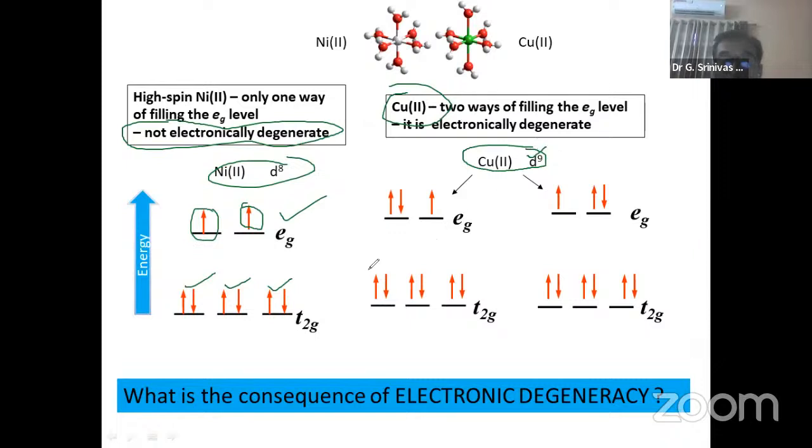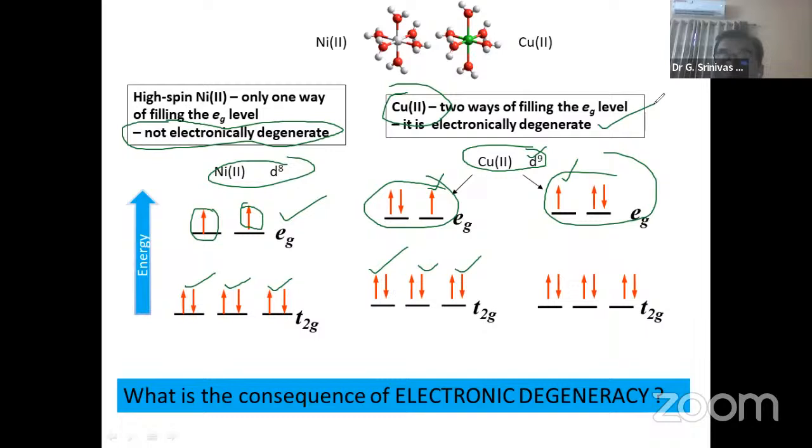You can fill d9 like this: 2, 2, 2, that is t2g6 and eg3. Eg3 you can fill this way or this way. That means this orbital can occupy a single electron and this orbital can occupy a single electron. That's why it is electronically degenerate.